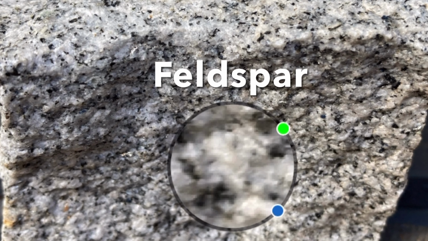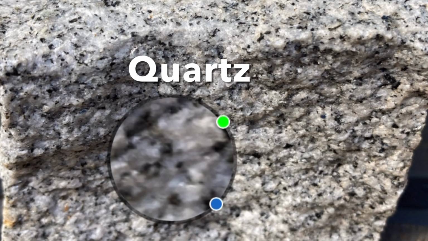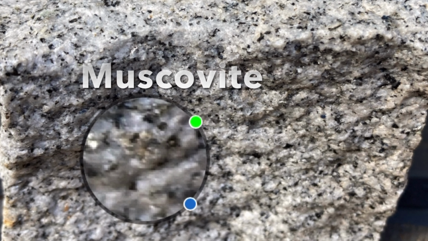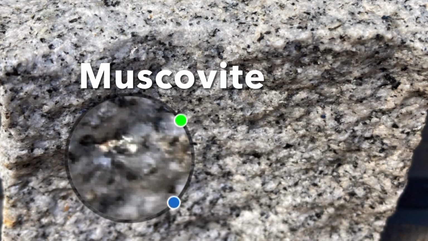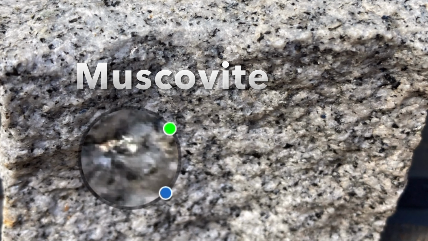Here's some white feldspar. Now we don't know if it's potassium feldspar or sodium feldspar because both of them can be white, but we know it's feldspar. Passing over some grayish, clearish quartz. And here we have what looks like a little spot of muscovite mica.